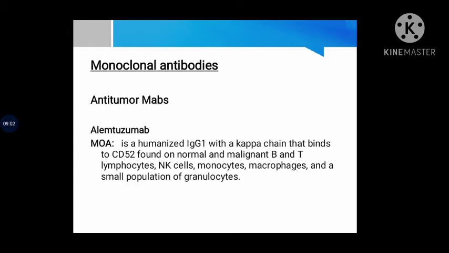Its mechanism of action is a humanized IgG1 with a Kappa chain that binds to CD52, found on normal and malignant B and T lymphocytes, NK cells, monocytes, macrophages, and a small population of granulocytes.